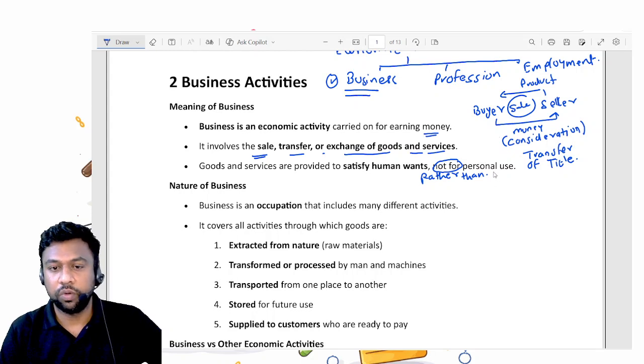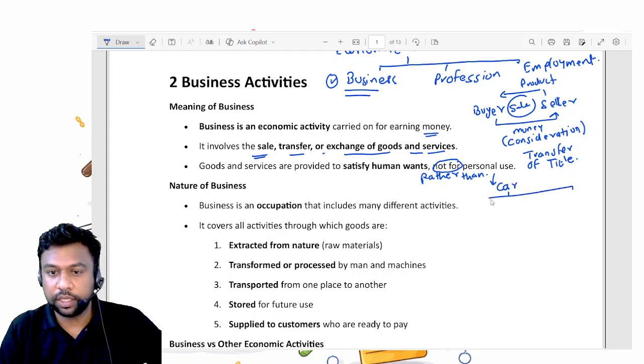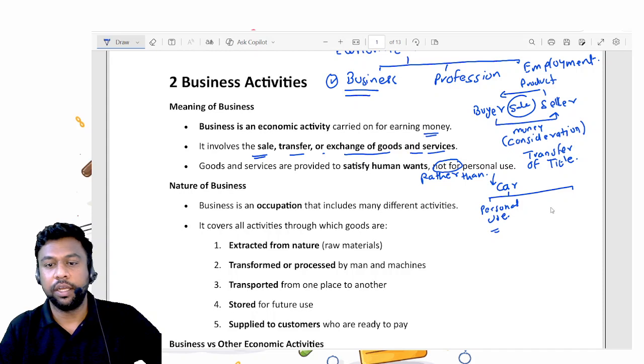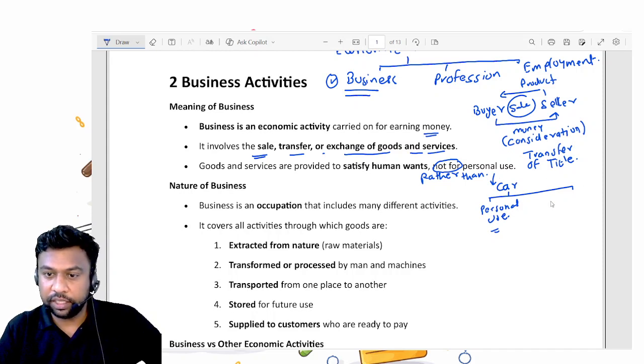Consider one example. You have purchased a car, and you are using this car for your own commute, so that is personal use. Now you have purchased a car and you are giving this car on rent. So this is not personal use, this is business use.